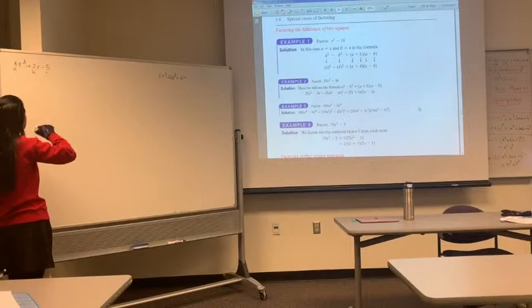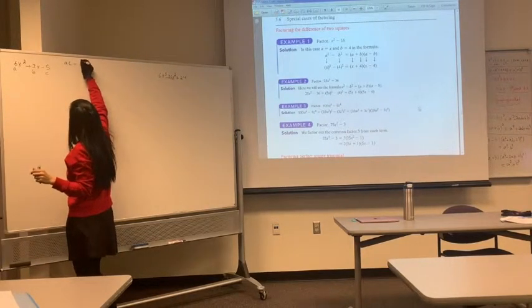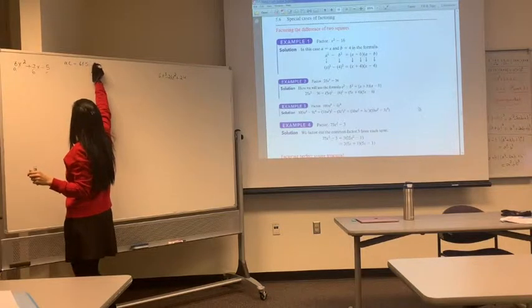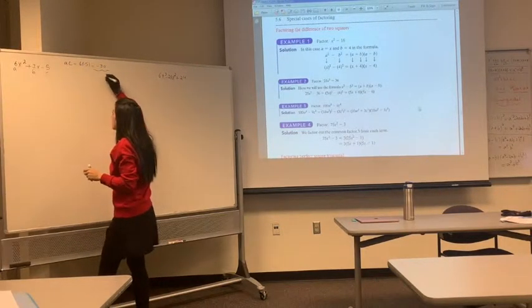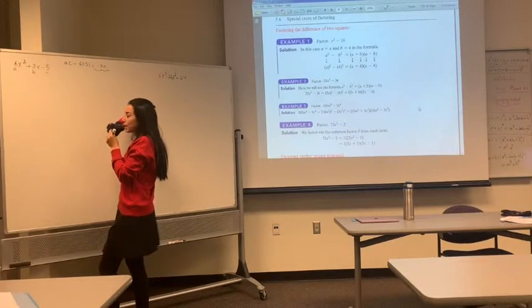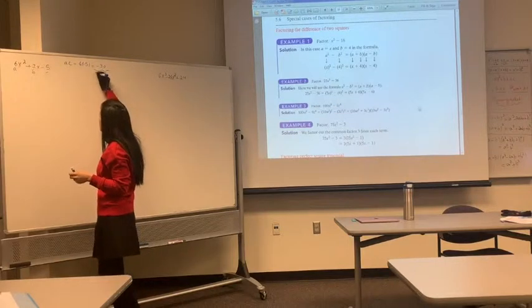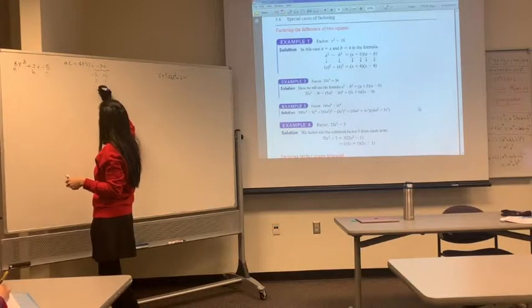We have to first find a multiplied by c, which is 6 multiplied by negative 5, which is negative 30, and we should list all the numbers that multiply to give us negative 30, like negative 2 and 15, 2 and negative 15, 6 and 5.